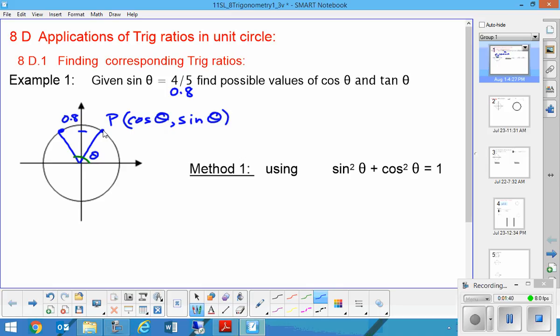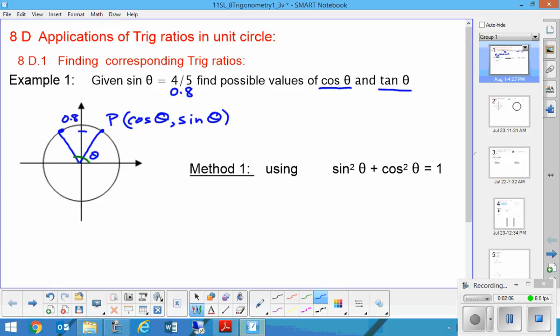So if we wanted to find the value of cos theta, we're not asked to find what theta is, we say what is the ratio for cos theta, and what's the ratio for tan theta. We know from earlier that sine squared theta plus cos squared theta is equal to 1. That's the Pythagorean relationship within the unit circle.